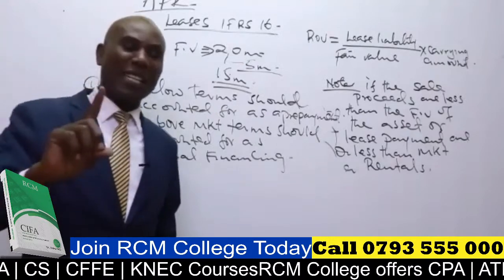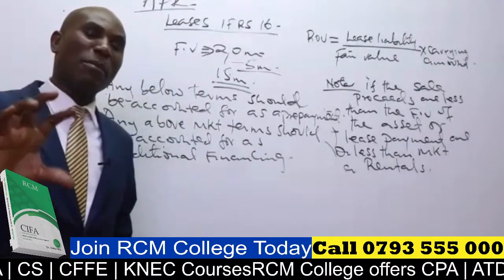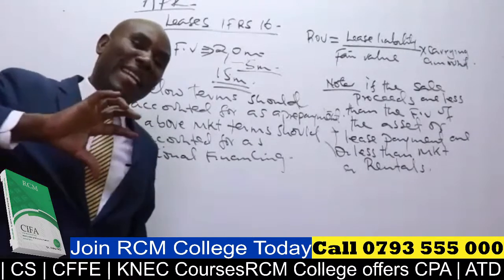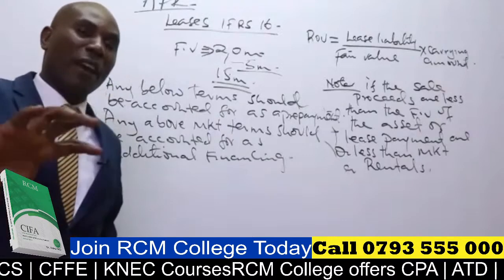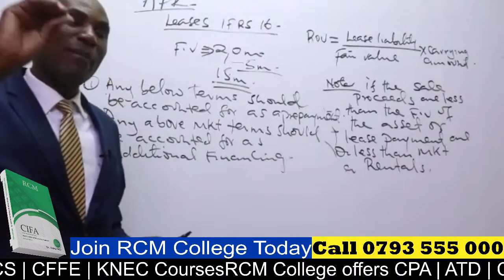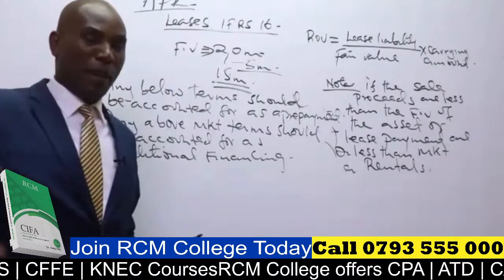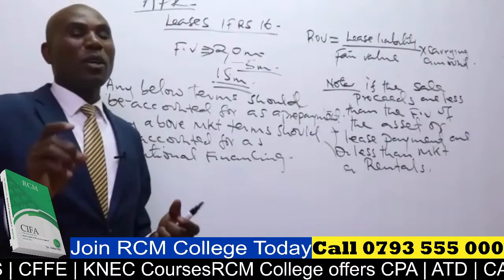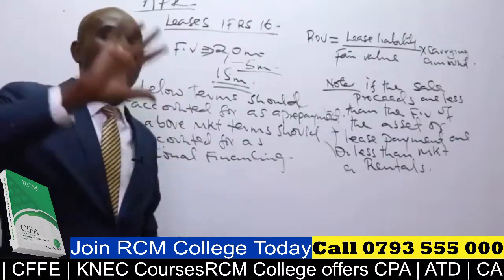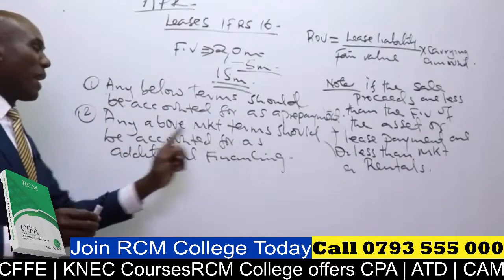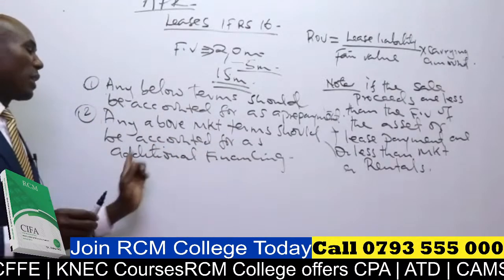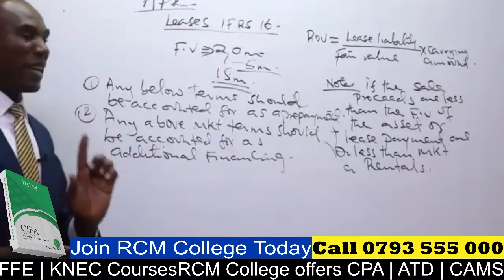I believe you are getting that concept. I have already made a prepayment because I left some 5 million on your side. Therefore, we account for it as a prepayment, because I received less than the market terms. But we are saying here, any above market terms should be accounted for as additional financing.